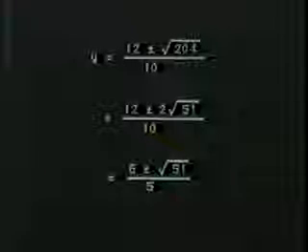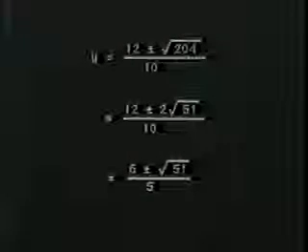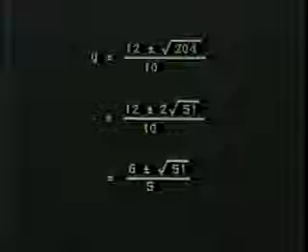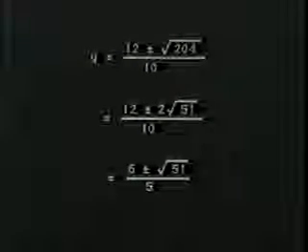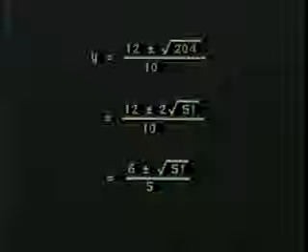As usual, we can simplify the square roots and remove a common factor of 2. That gives us 2 possible values for y.